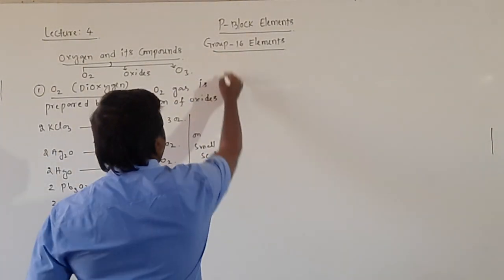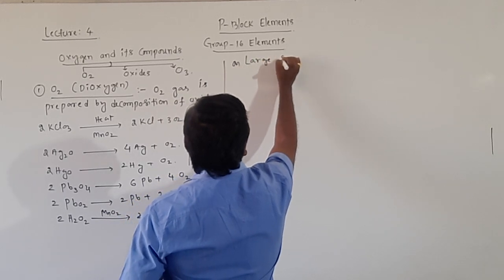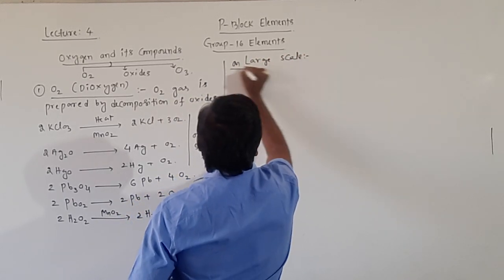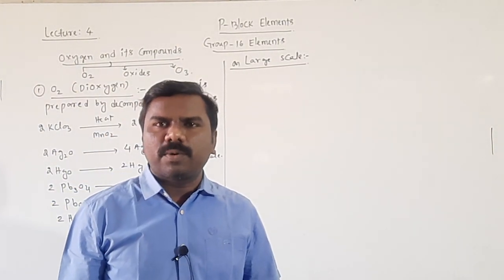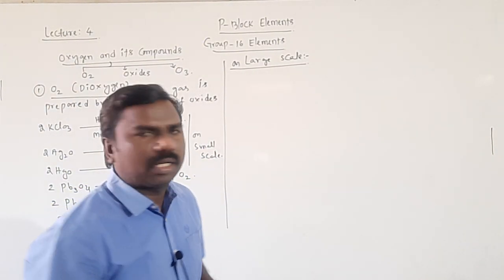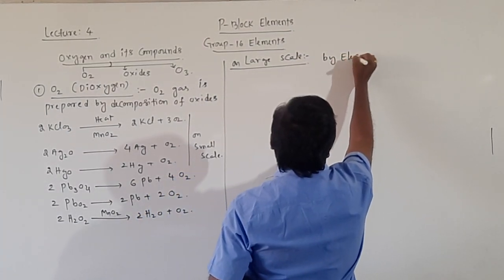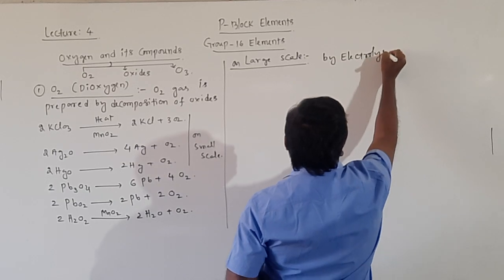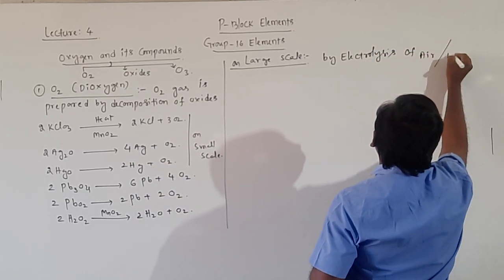On large scale, it means industrially, oxygen gas is prepared by electrolysis of air or water.